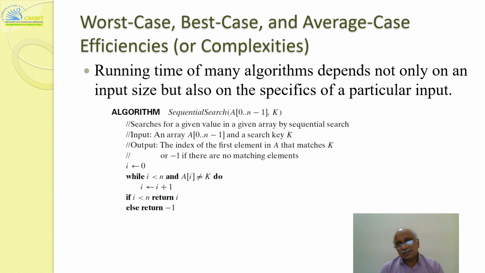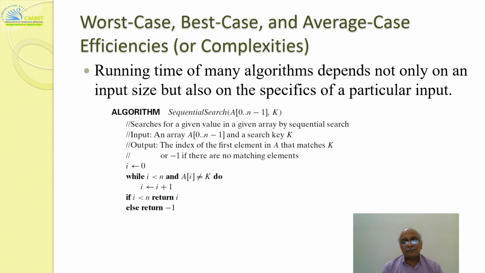But let's take the other case where the key value is not present in the array. If the key value is not present in the array, we have to search the entire array. That means the while loop is executed n times. Hence, the number of operations performed in this case is n.